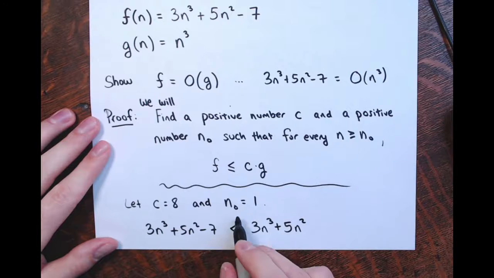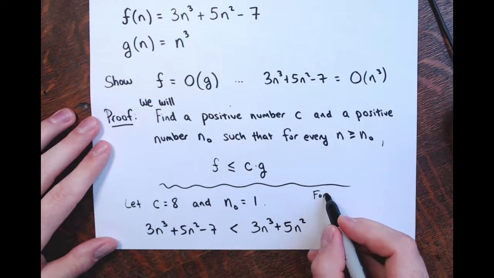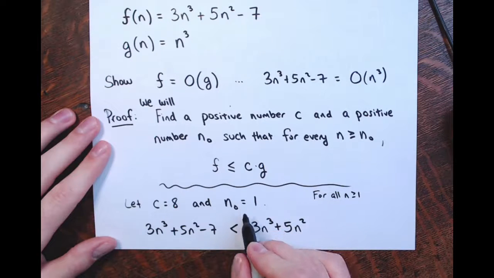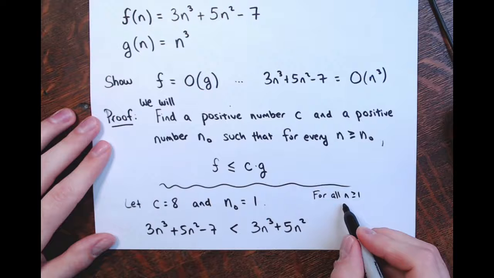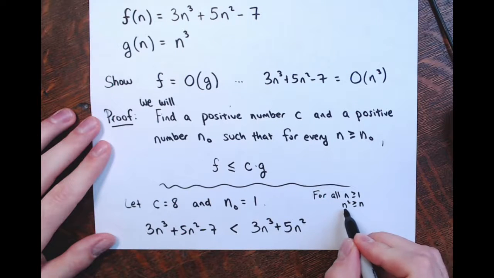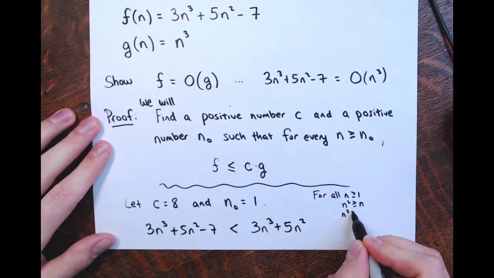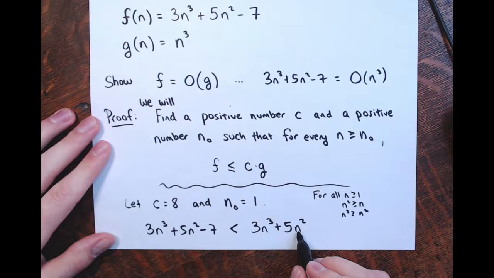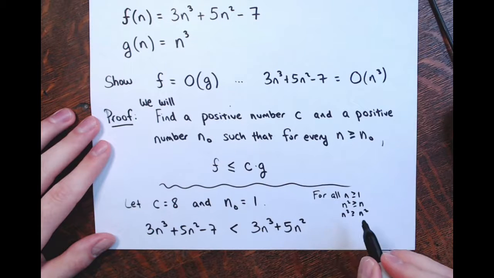And then for all n greater than or equal to 1, for all n greater than or equal to this n0 I chose, multiplying both sides by n would give n squared greater than or equal to n, and multiply by n again, you get n cubed greater than or equal to n squared. So if I change n squared to n cubed, it just makes this larger.